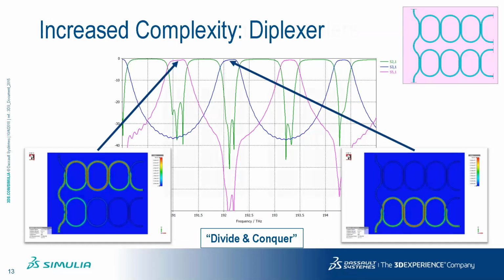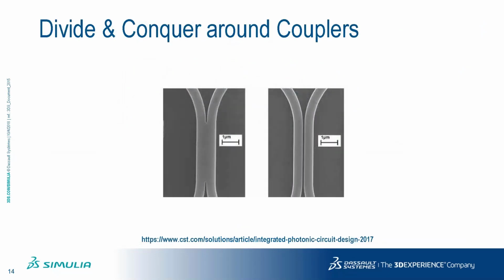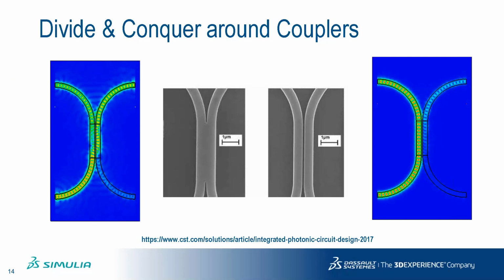For this example here, you can do this directly in CST Studio Suite, where you can run the couplers first. As you can see here, we have one coupler where you just have a bridge in between, the two waveguides are touching, and then you have one where you actually have an air gap in between.